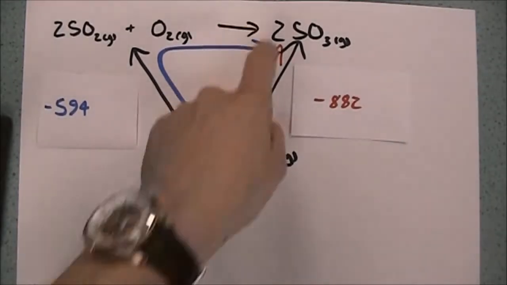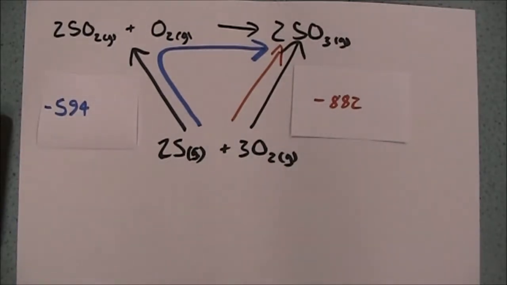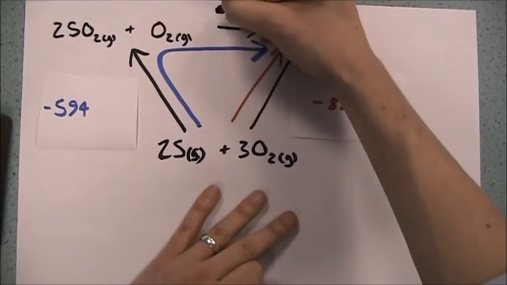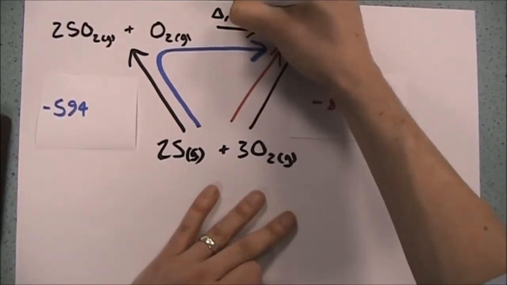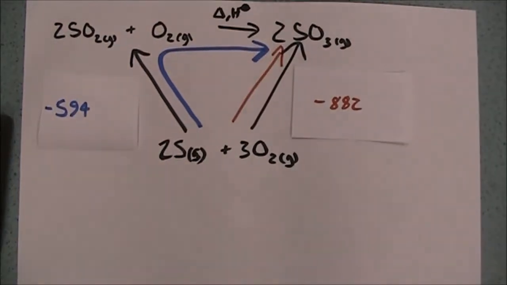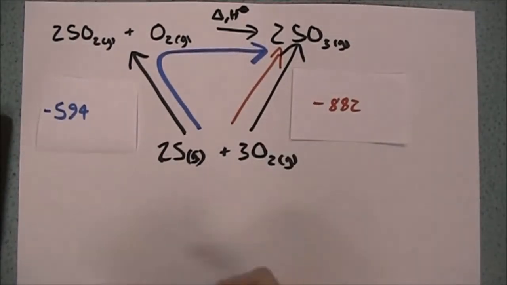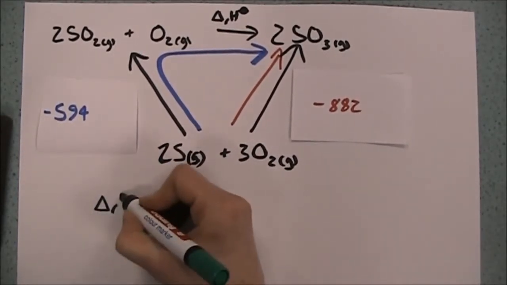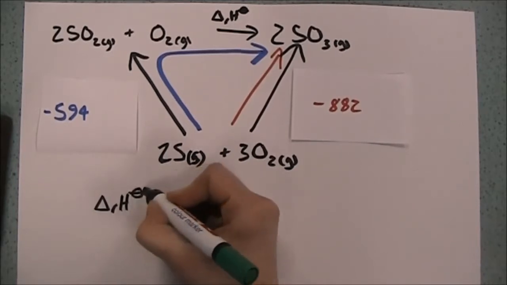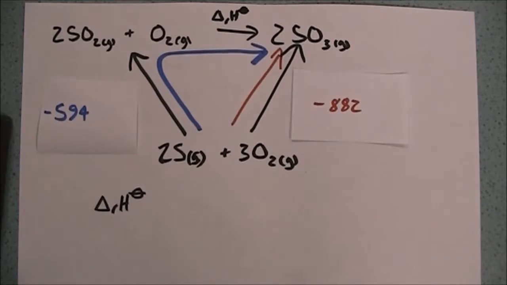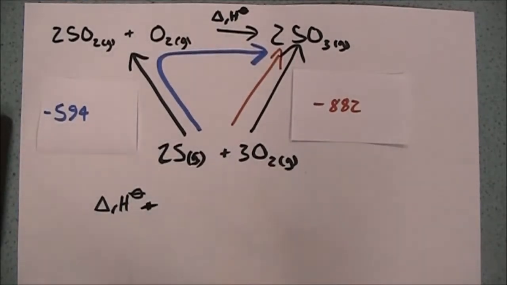So that leaves our unknown value up here, and if we're using standard enthalpy changes of formation here, we should have standard enthalpy change of reaction left over. So if we put this into an equation, we should find that standard enthalpy change of reaction plus this value here.